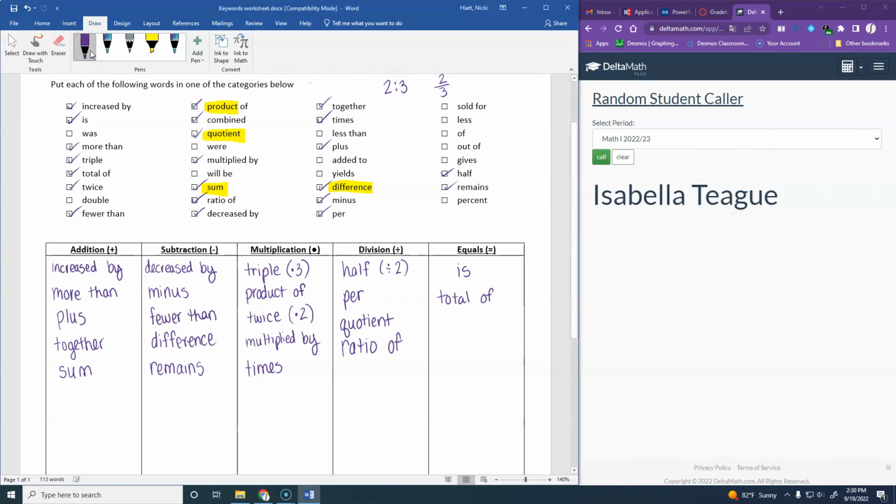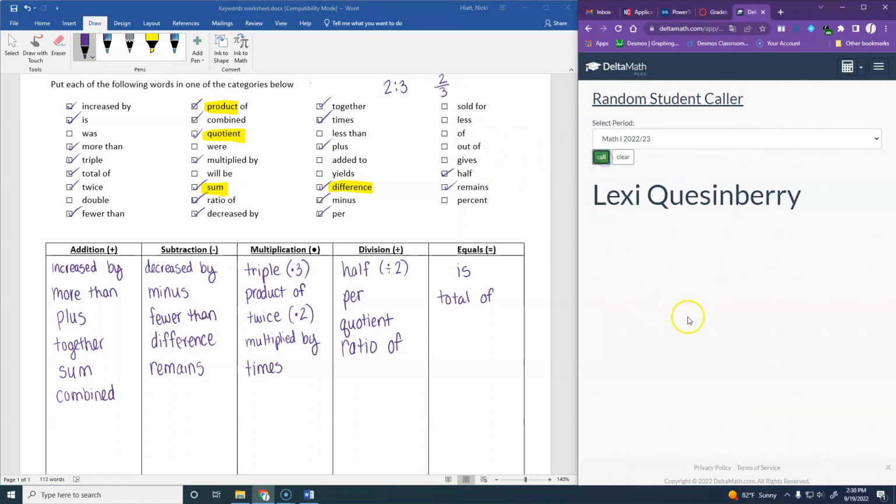Combined addition. Good. All right, Lexi. Yields is equals. Very good. All right, Evan.